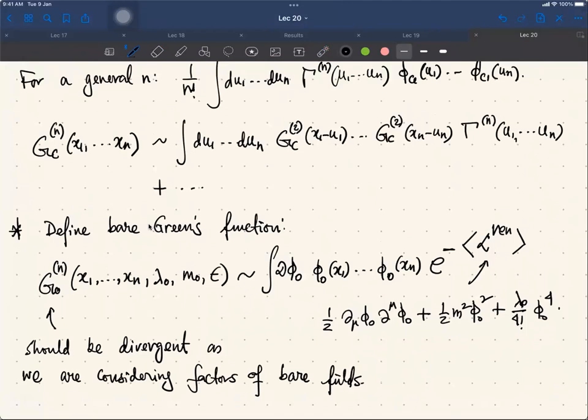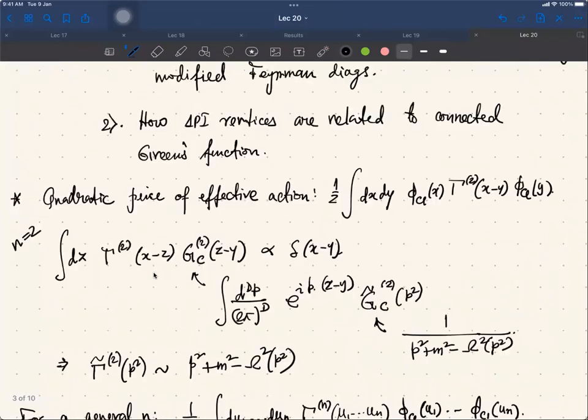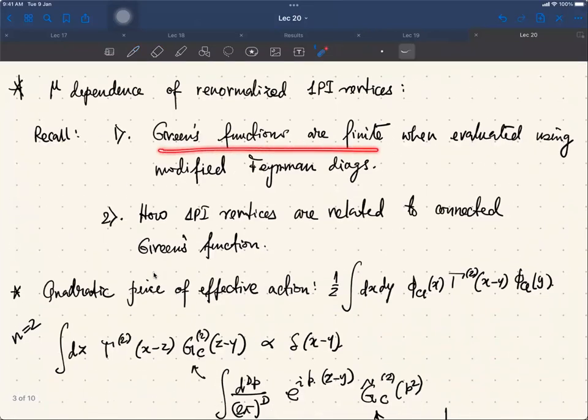Bare fields are divergent. So when we say that Green's functions are finite when evaluated using the modified Feynman diagrams, these are the properties of the renormalized Green's function.